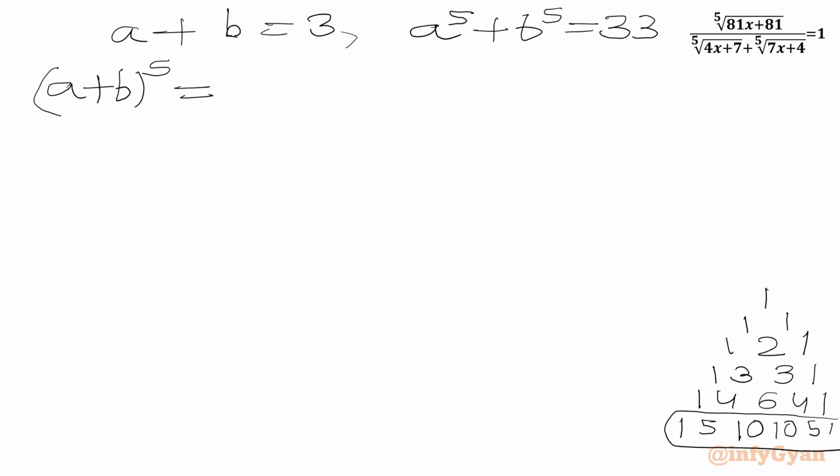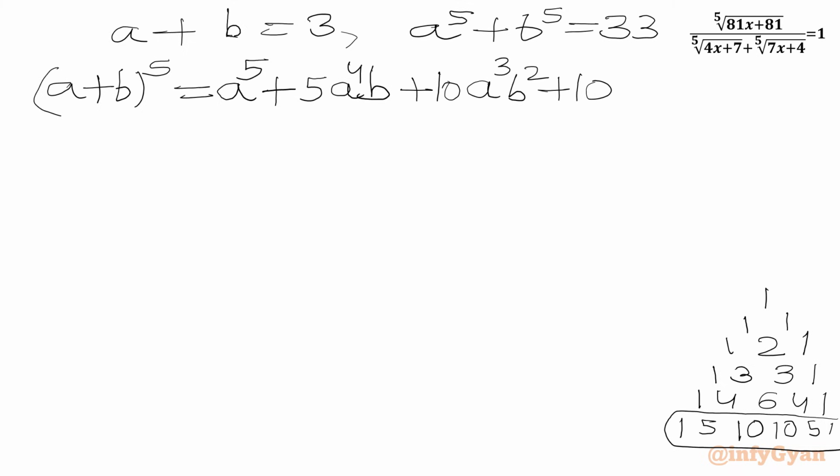So I am going to write here 1 times a power 5 times b power 0 plus 5 times a power 4 b power 1 plus 10 times a cube b square plus 10 times a square b cube plus 5 times a b power 4 plus last is 1, we will write b power 5.